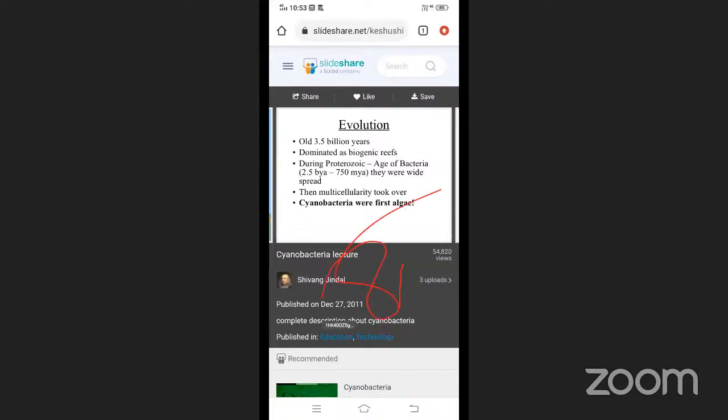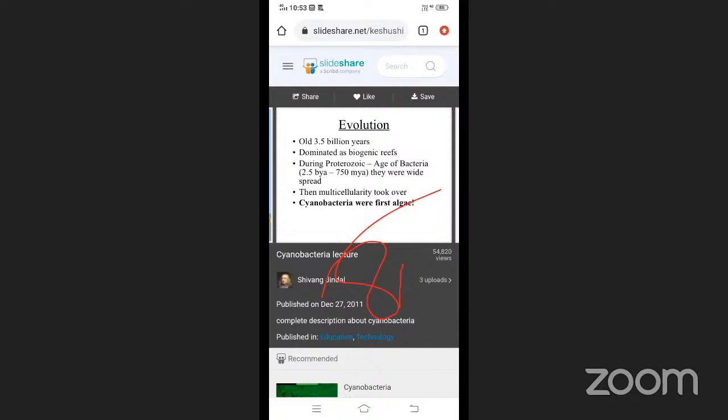For transmission, what are the vectors? This will come as an essay question. These are some expected questions.